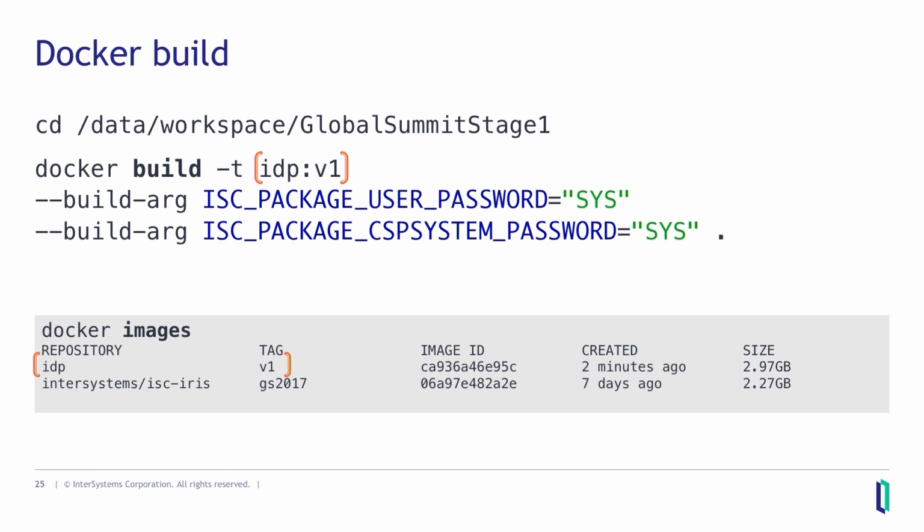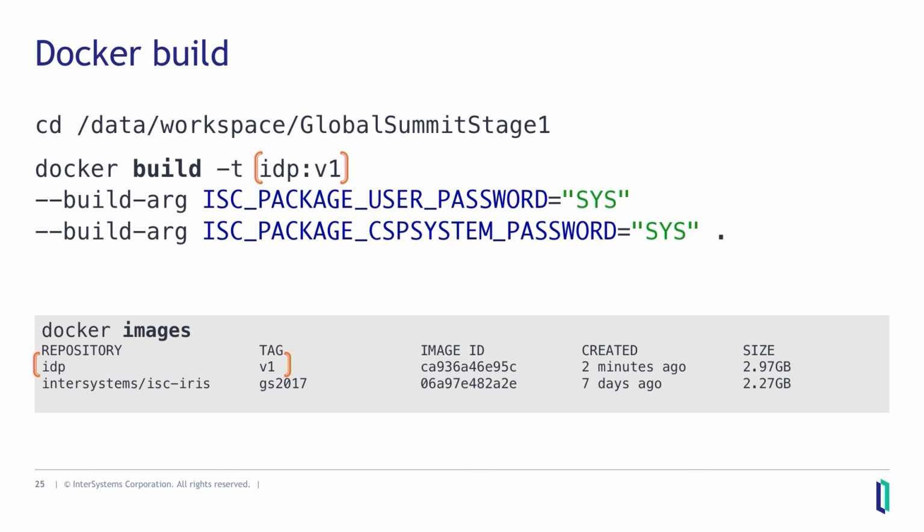Again, name, colon, version is the best option. And before that, you have to go to the directory where your Dockerfile is defined. And the period at the end of the instruction means that you want to build it locally.